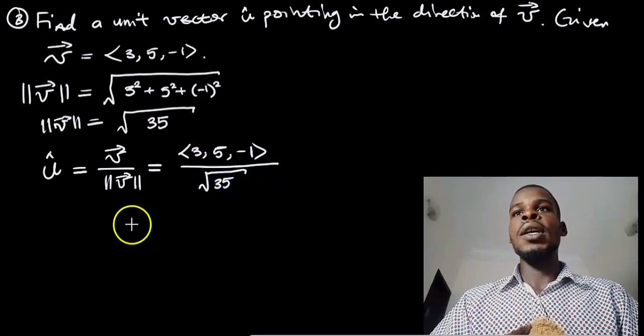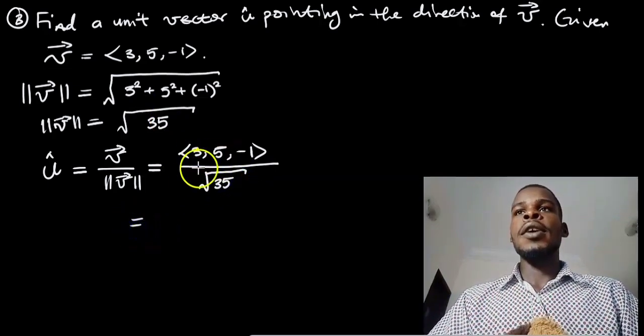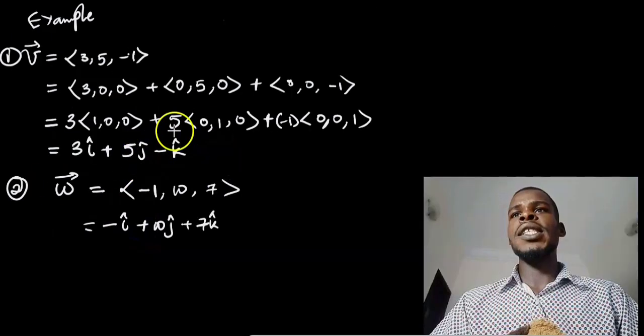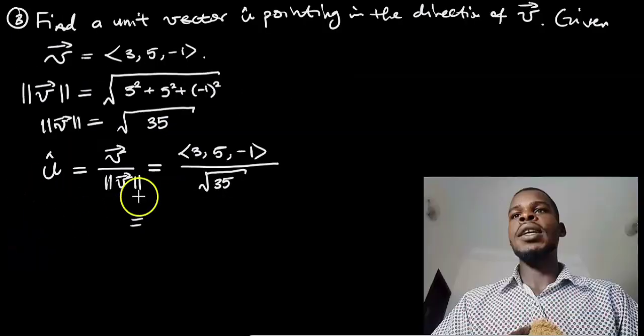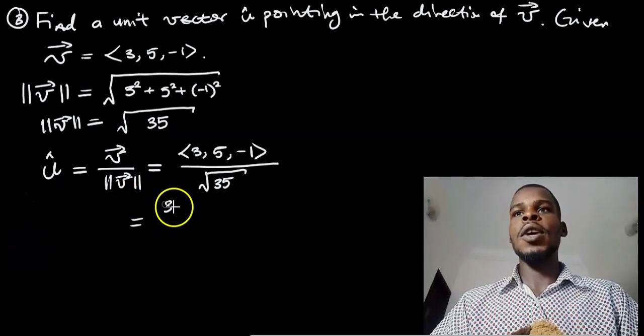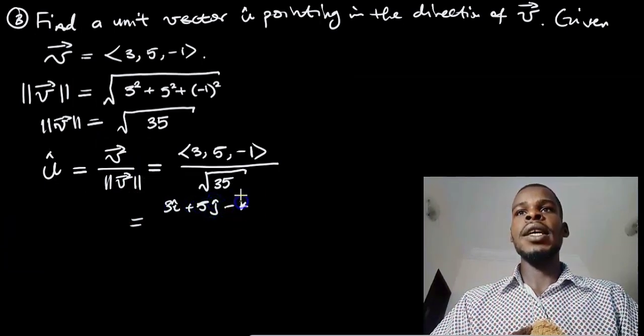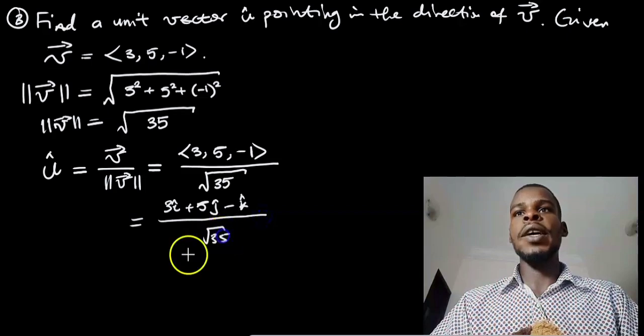And of course, you know that. Great. Now, from the previous example, which we were able to rewrite in this way, I'm going to use that notation. That will be 3i plus 5j minus k hat, divided by the square root of 35.